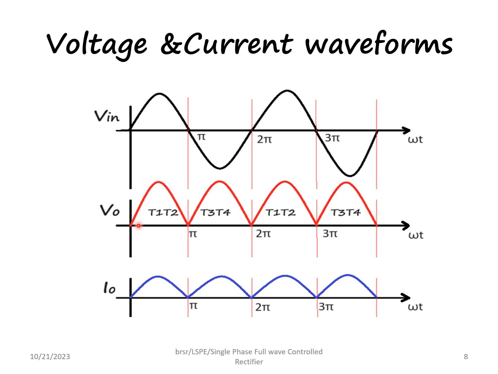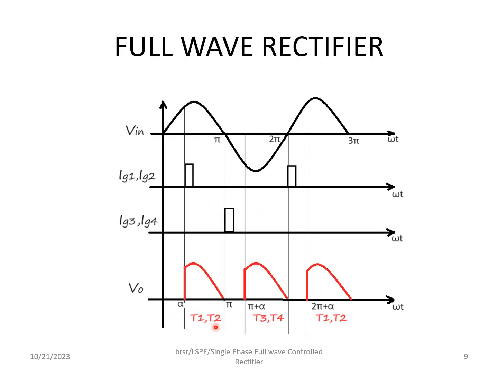And if the firing angle is given at a later stage, we'll get only the part of the pulse as shown in this diagram. So at some value of firing angle alpha, the current is flowing through T1 and T2. So the voltage waveform is starting from here only. Here we are getting an amplitude which is different from that of the full firing angle.